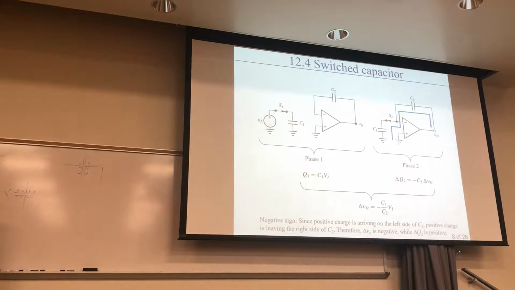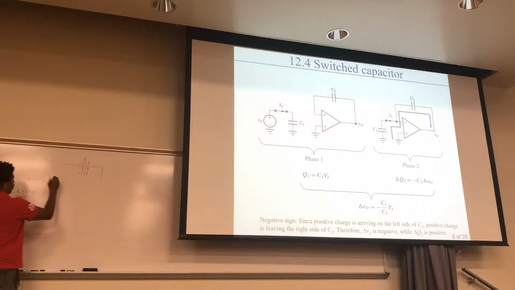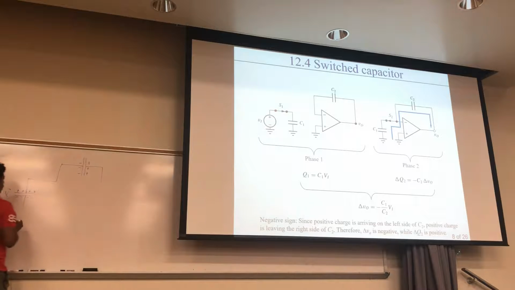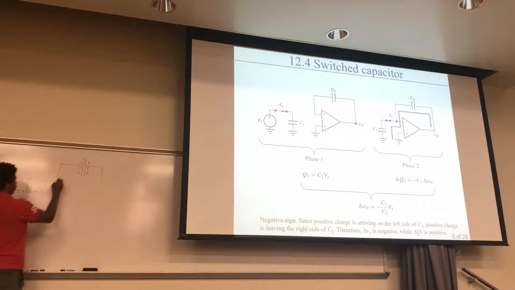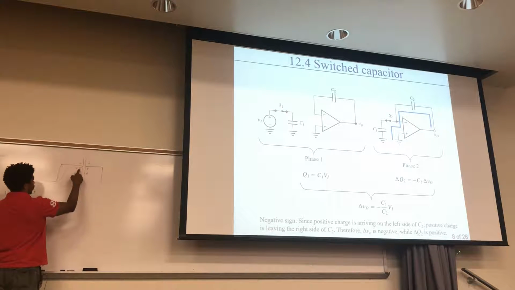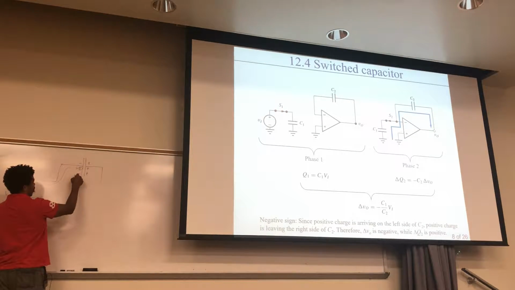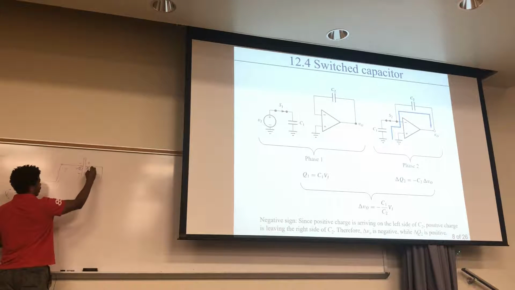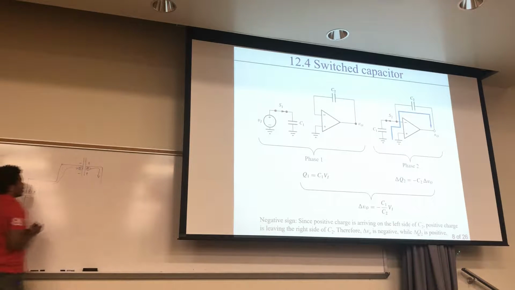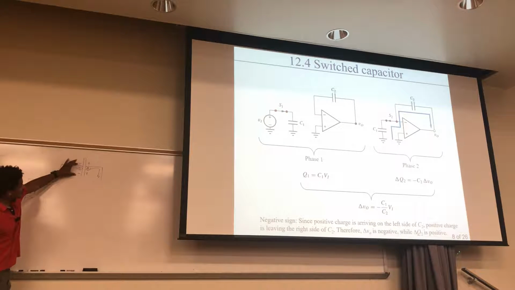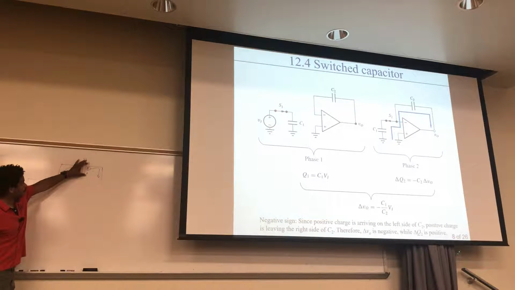And so when this one opens and this closes, for each charge that leaves here and goes over there, you could think of it as these two charges coming together like that. And so now you just have two negative charges, and this charge is now able to leave in that direction. Because if you have just two negative charges, then you can match it up with two other positive charges on the outside.